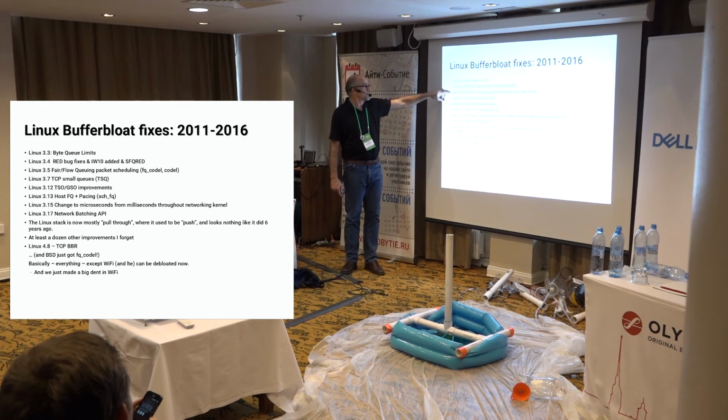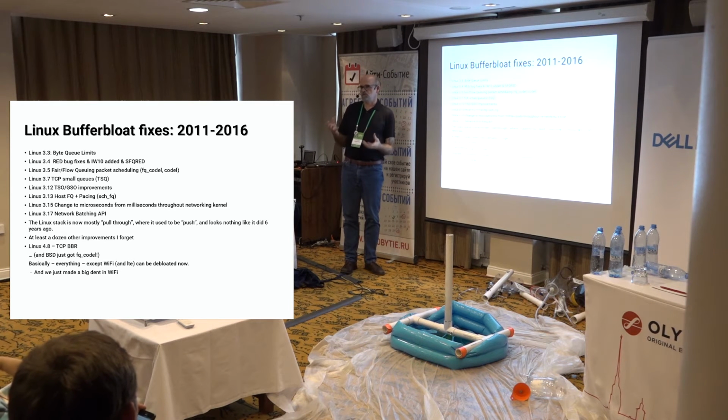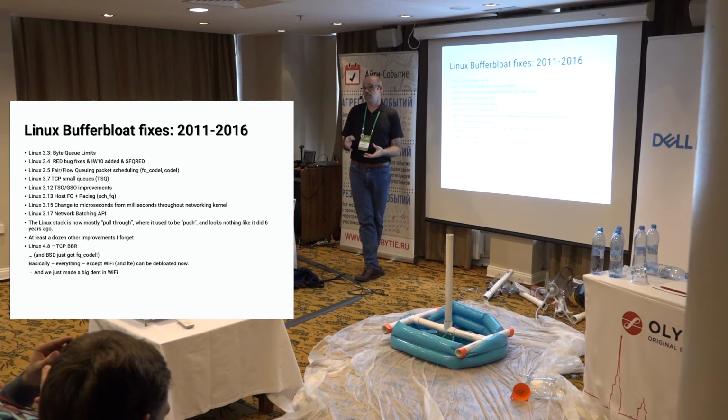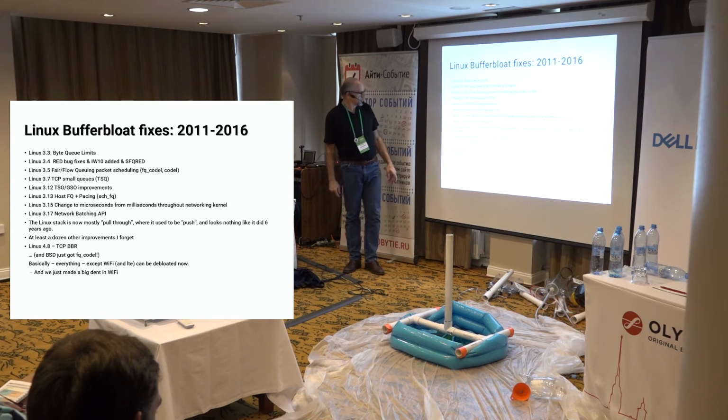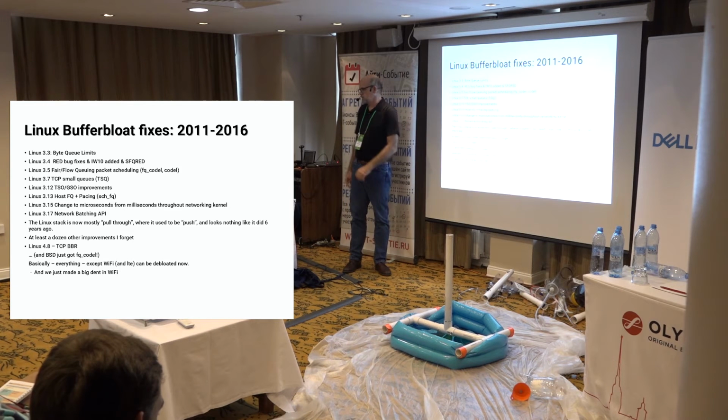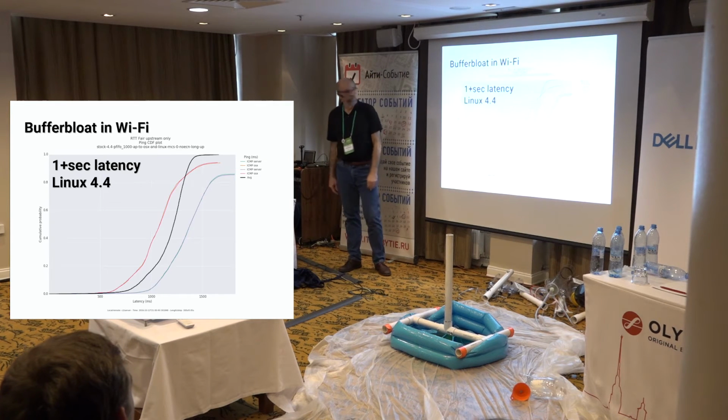And there's pacing, a whole bunch of other things that are all related to how can we reduce the amount of data that's in flight in Linux before it hits the network. And the most recent one is TCP BBR, which I'll go to a little tomorrow.